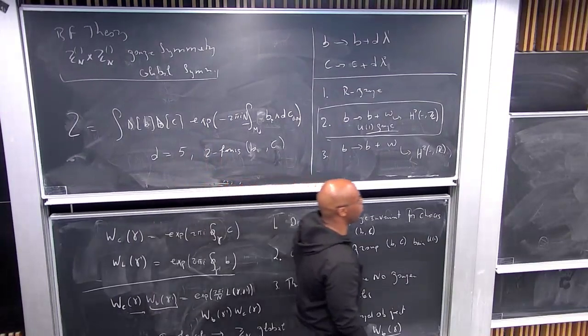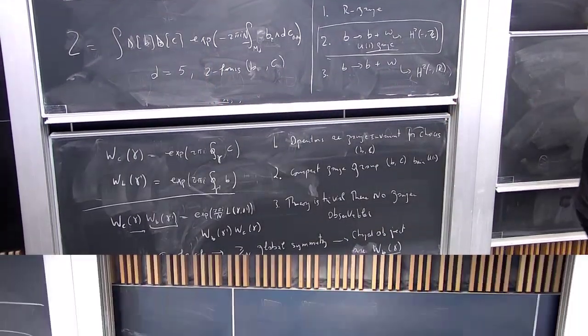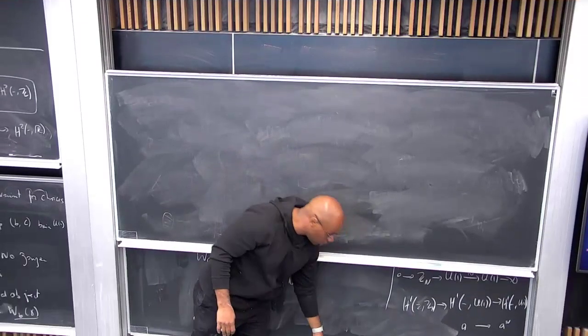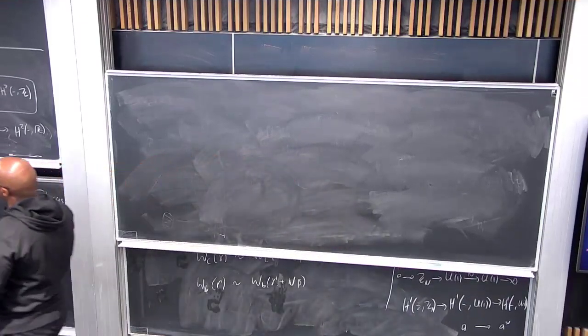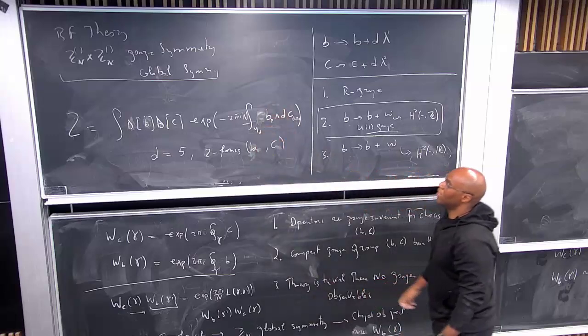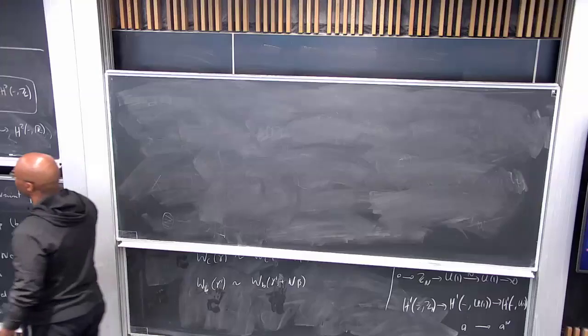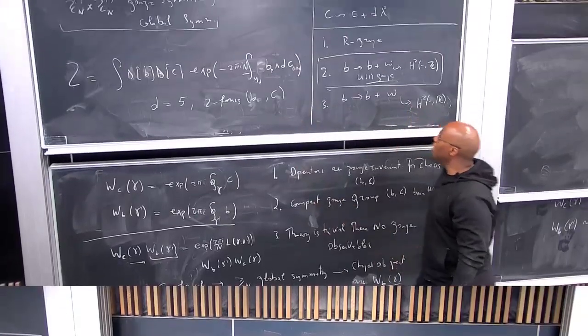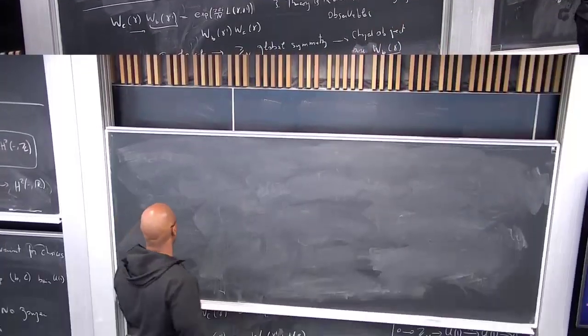Because to see this, I need to think about this theory as a quantum theory, not as a classical theory. And the point is that if I look at this partition function over here, and I think about it at the classical level, where this is the action of my theory, the theory seems trivial classically, right?